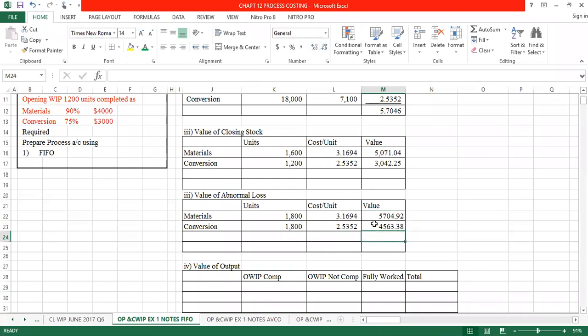Okay, so you can as well get the totals now. What is the total of these? 5,000 plus this. This total is 5,000 again plus that. So the totals you have there.